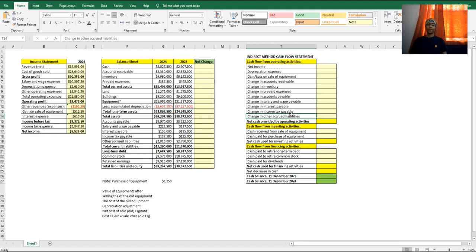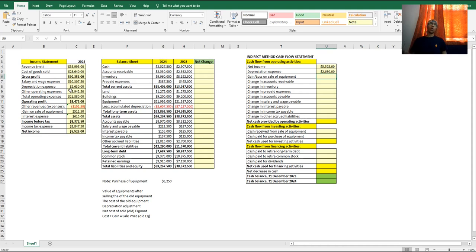Now, with that being said, we start the calculations, friends. So first is the net income. It is clearly mentioned in the income statement. We directly enter it. This is a positive number. Then there is a non-cash charge, which is the depreciation expense. This is also entered as a positive number. Then there is gain or loss on sale of equipment.